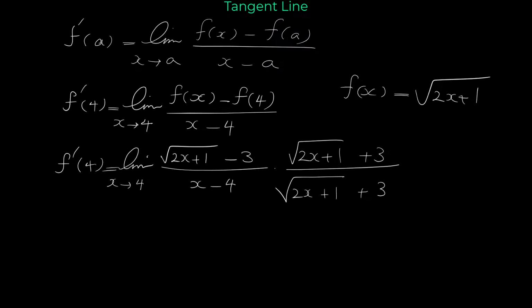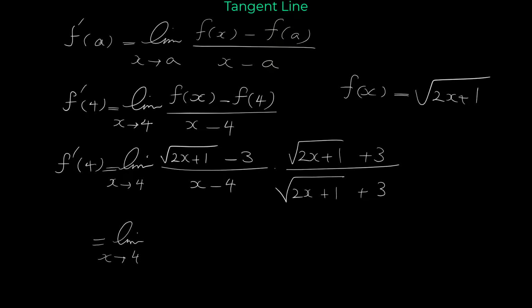The conjugate of radical 2x plus 1 minus 3 is radical 2x plus 1 plus 3. And if you think you need more practice on these techniques of finding limits, watch my other videos about finding limits using conjugate identity. Let's go back to this question.